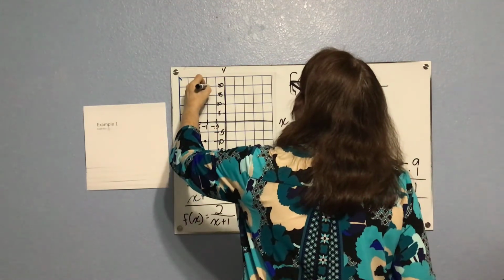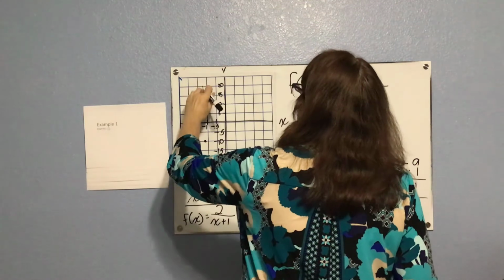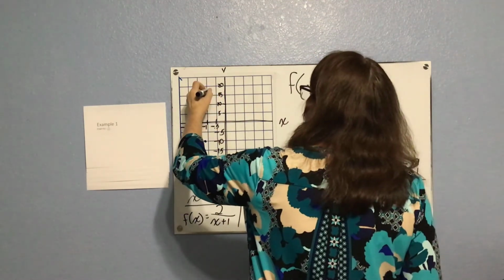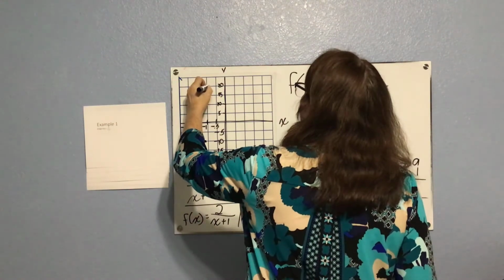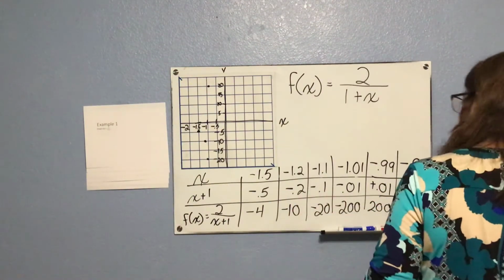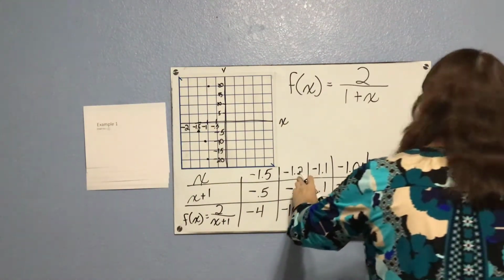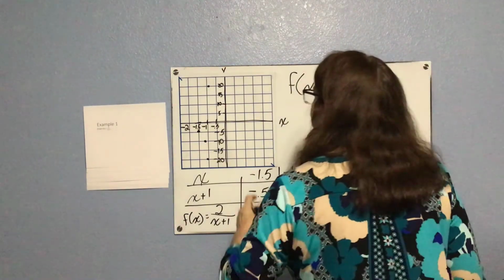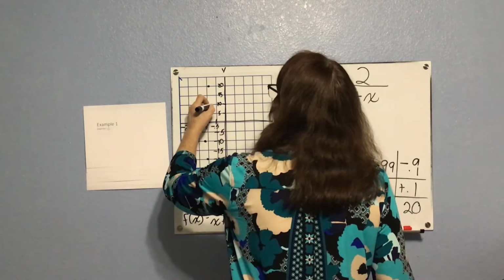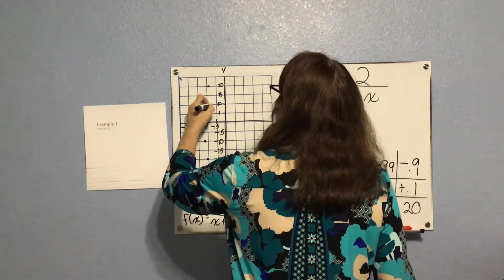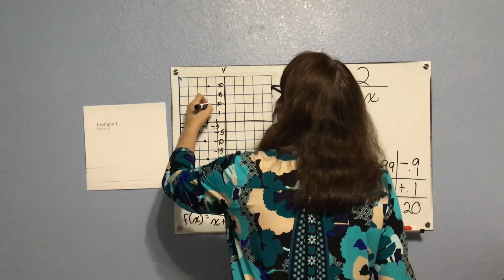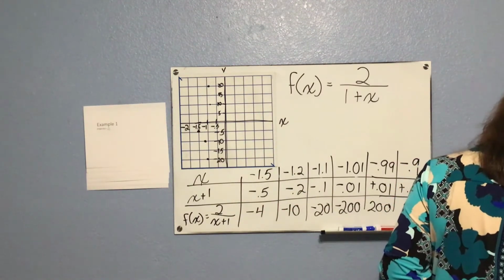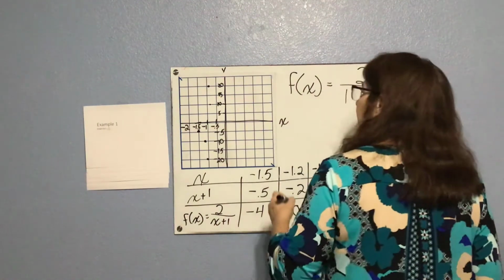Negative 0.9 would be there. And then going on from that, negative 0.8 would give me the value of 10. And then if I'd gone on to negative 0.5, I would have had a value of 4.